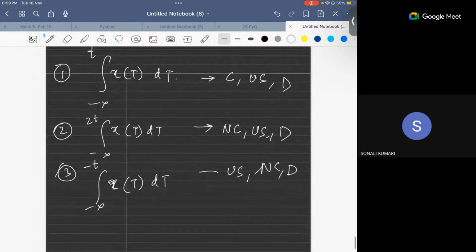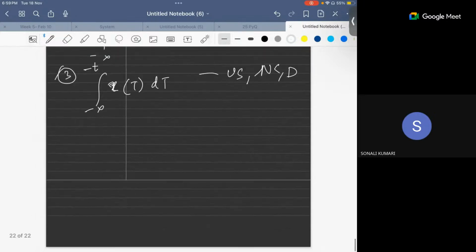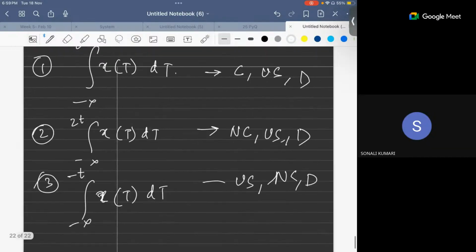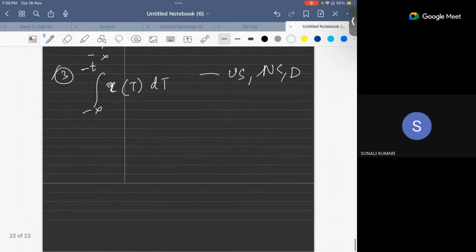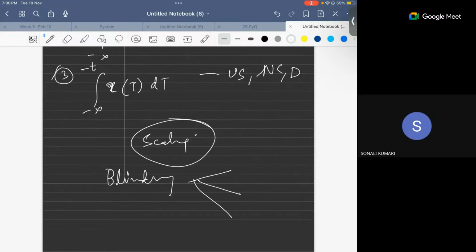Nice. So what you can mark blindly, whenever scaling is there: three things. If there is scaling, you can mark non-causal for sure, dynamic also directly, and time variant.